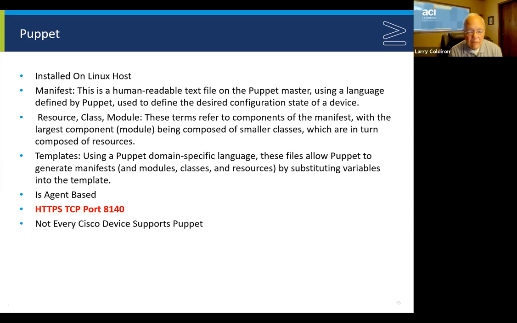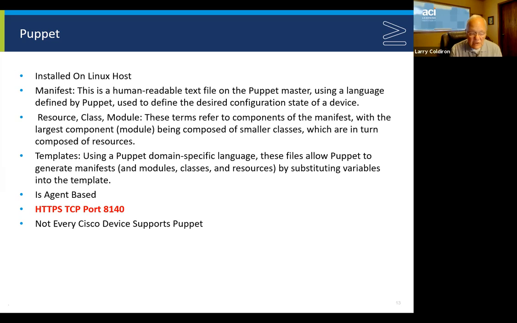Resource class, we have modules, refer to the components of the manifest for these things. Templates use the Puppet domain-specific language, allow Puppet to generate manifest modules, classes, and resources by substituting the variables into a template. It is also agent-based, uses HTTPS, but it uses a non-standard port, 8140.